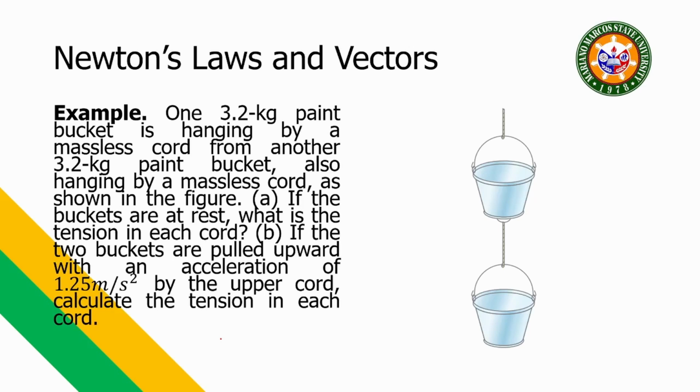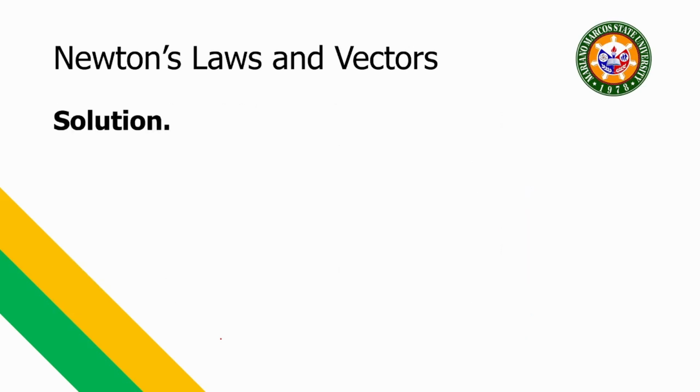So, let us try to solve this problem. First, let us consider the free body diagrams. First, the free body diagram of the bottom bucket. What forces are acting here? We know that it has its own weight.